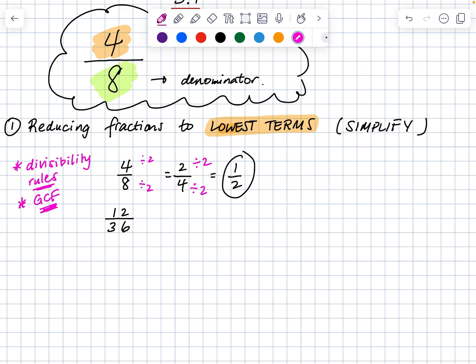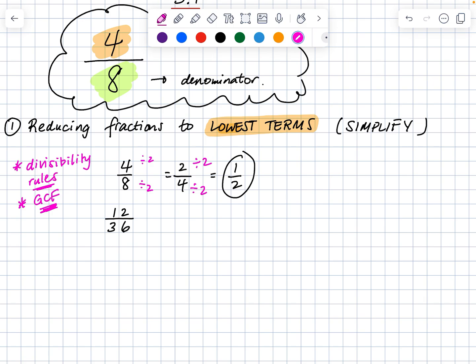I'm going to jump ahead because I know by looking at the ending digits of both numbers, they are both even numbers. I know that 12 ends in a 2, and I know 36 ends in a 6. Therefore, they're both divisible by 2 because both of the last digits are even.